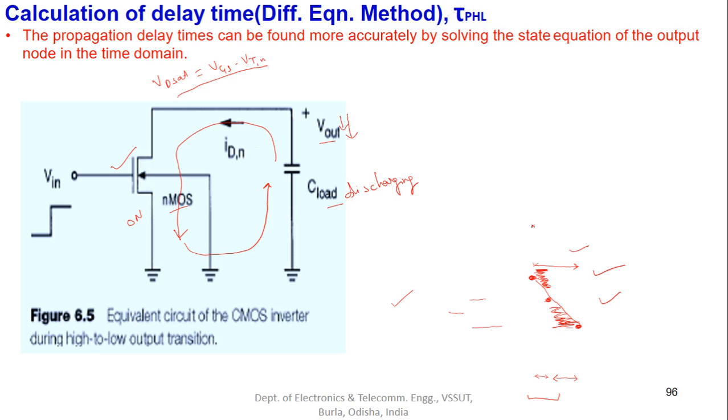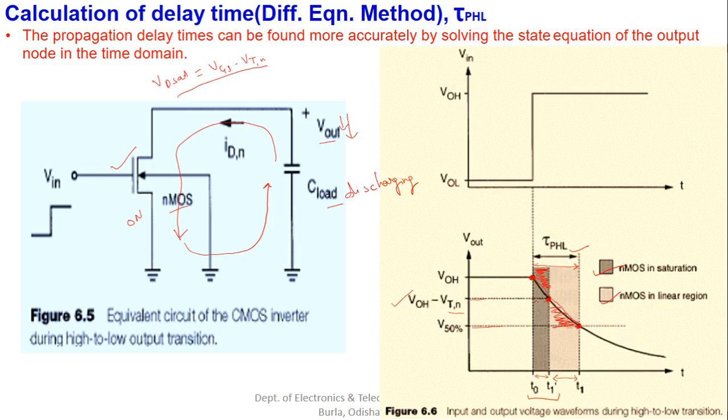Look at here, delta VHL is the difference in the output voltage when it falls from the peak most value, that is VOH, to the value 50%.